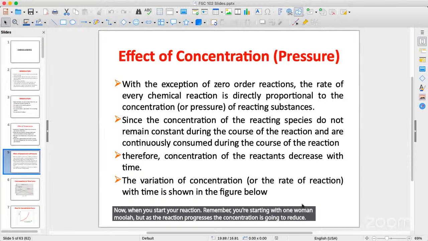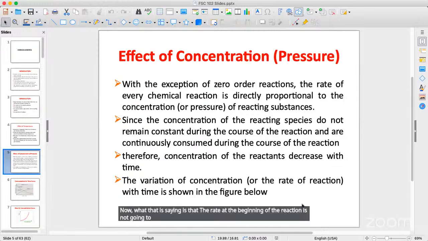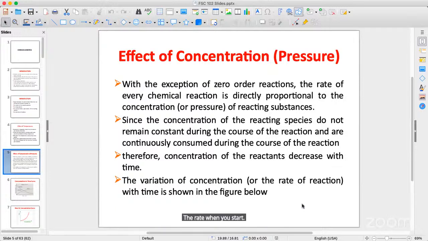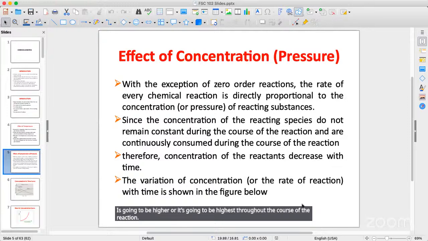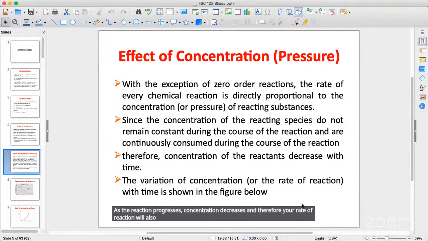That means the rate at the beginning of the reaction is not going to remain the same throughout the course of the reaction. The rate when you start, when the concentration is 1 to 1, is going to be the highest. As the reaction progresses, concentration decreases, and therefore your rate of reaction will also decrease.